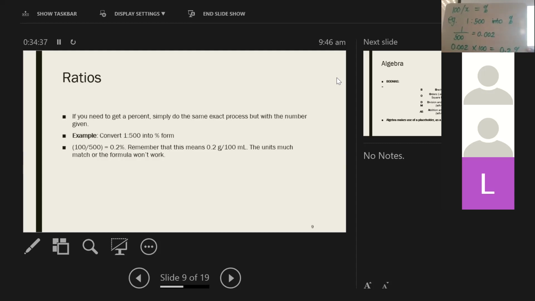When you get your answer, you have it as a decimal, which is 0.002. Then after you multiply by 100, you have it as a percentage, which gives you 0.2%. So 0.2% is the same as 1 in 500. Is that understandable?